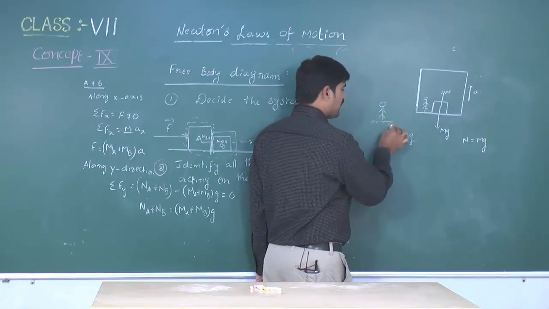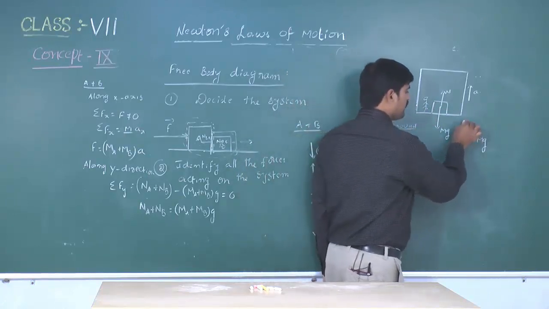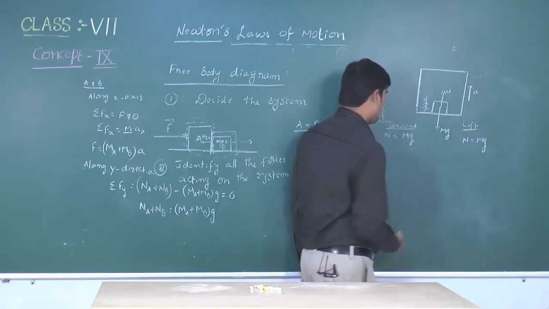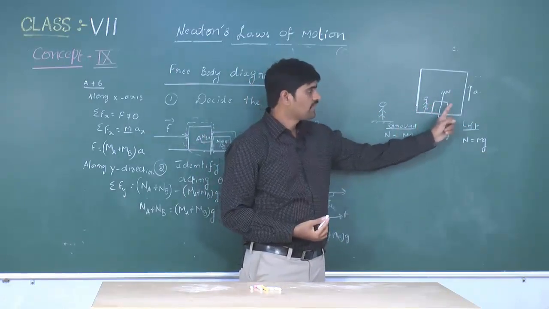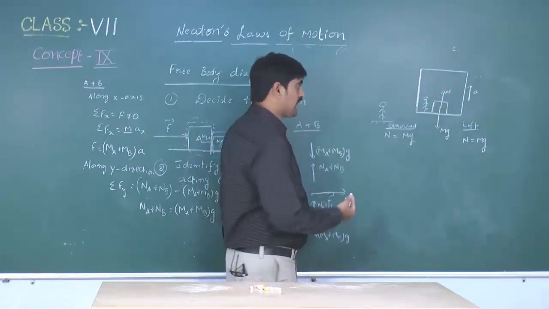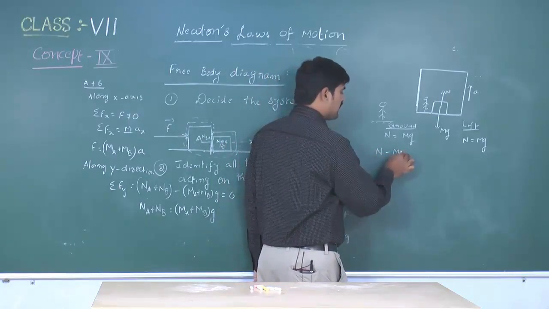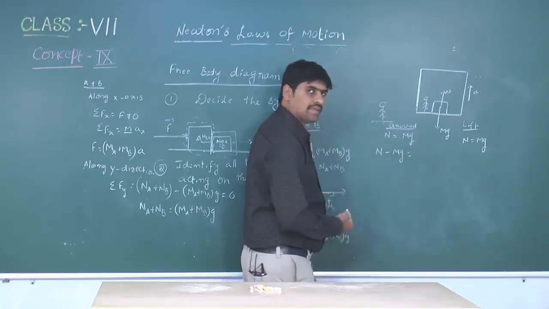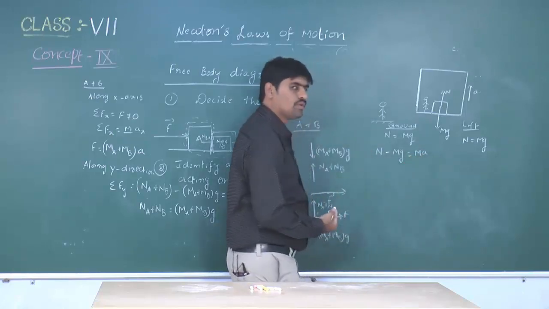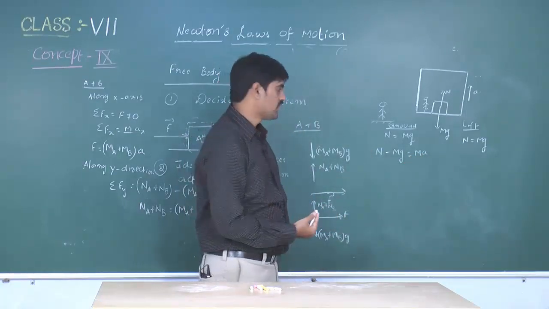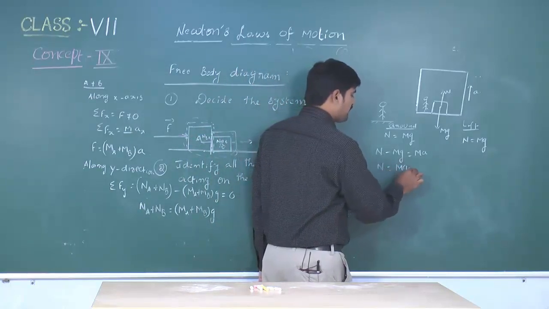The observer on the ground says the lift is accelerating upward, so the normal reaction is the dominating force and mg is the lesser force. Now, N minus mg is equal to ma, the net force acting on the system equals mass into acceleration. So he says N is equal to mg plus ma.